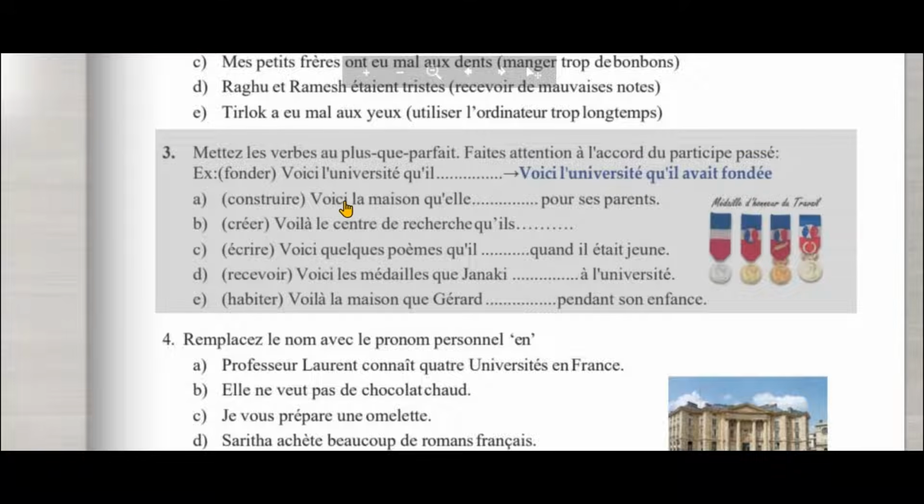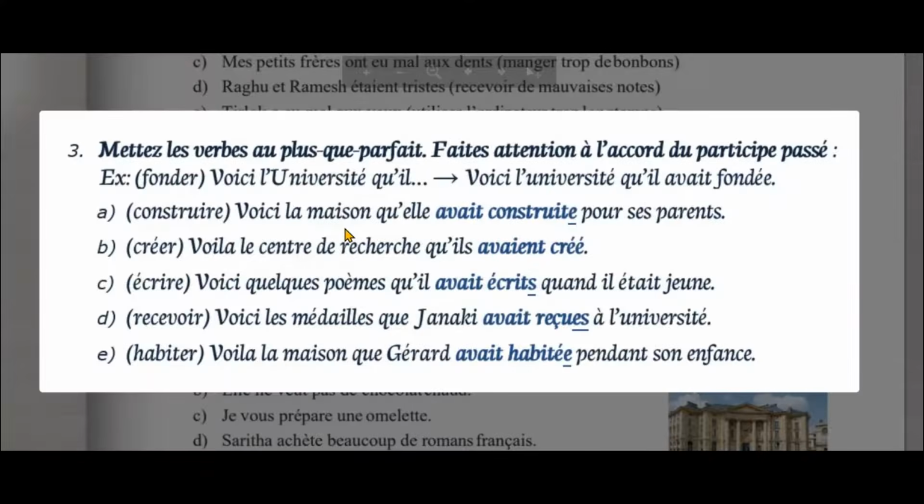So similarly, let's look at the answers of each and every sentence. Here, construire means to construct. So here is the house that she had constructed for her parents. So again, avoir in the imparfait form, so AVAIT, followed by the past participle.